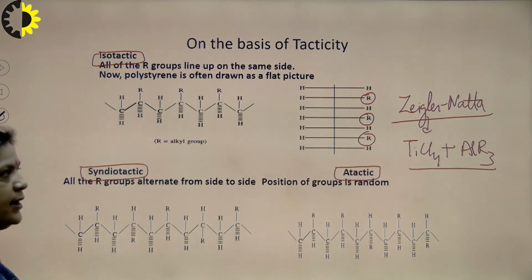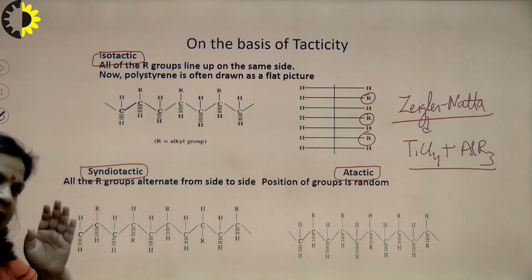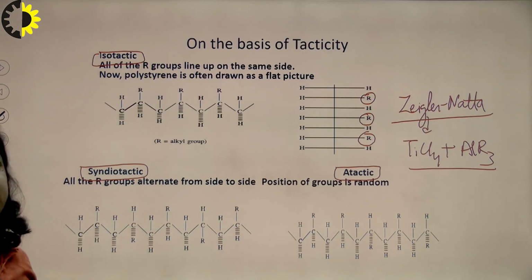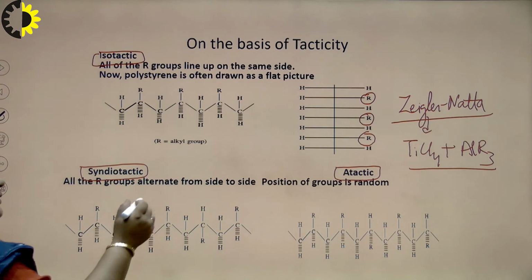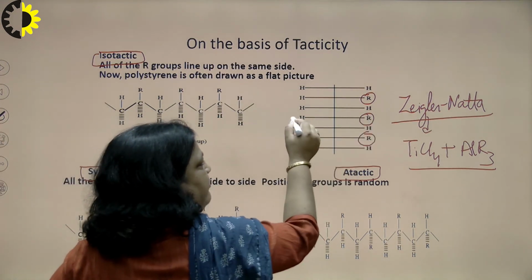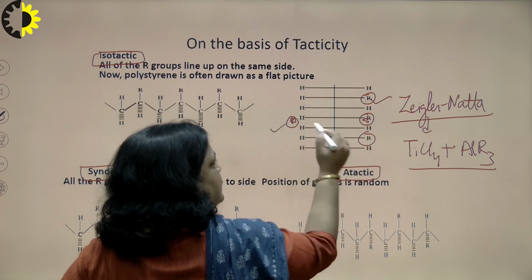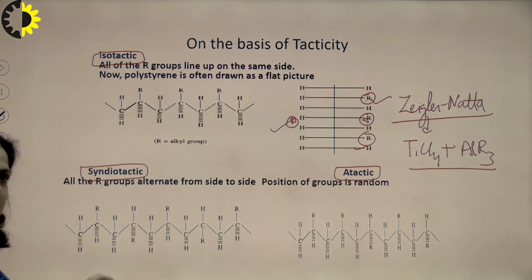Next is syndiotactic. If the structure is such that the same groups are in an alternate manner, suppose this R is not here and we get R here. So in this case R this, then this, and then this, that is, they are in side to side position, in an alternate position. This type of arrangement is called syndiotactic.